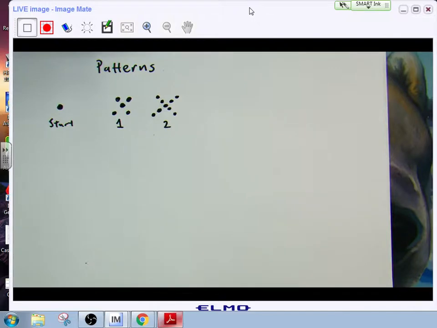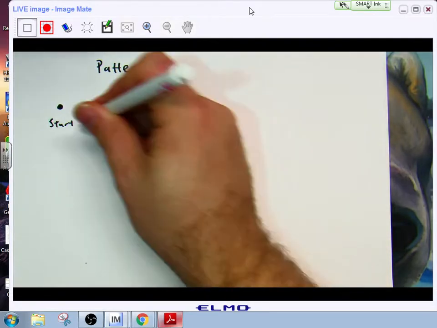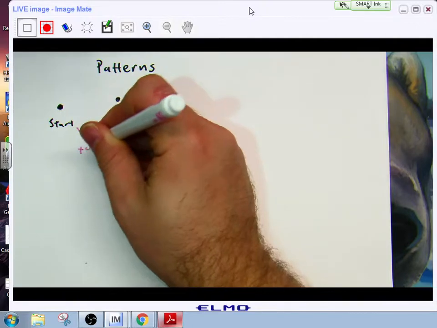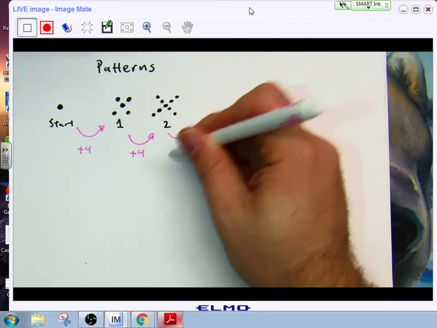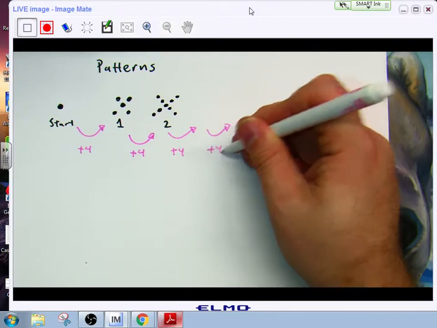And we were able to see that every step we added 4. Plus 4, plus 4. And we could tell that it's going to be plus 4, plus 4, plus 4 for as long as we wanted to do plus 4s.